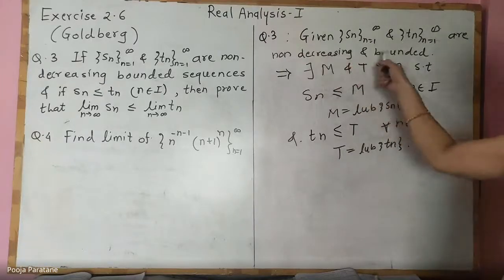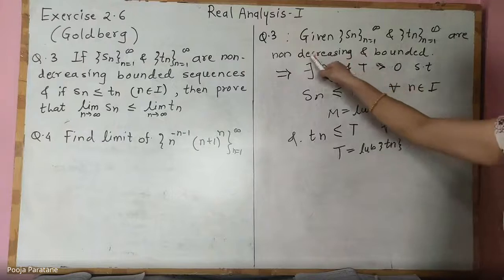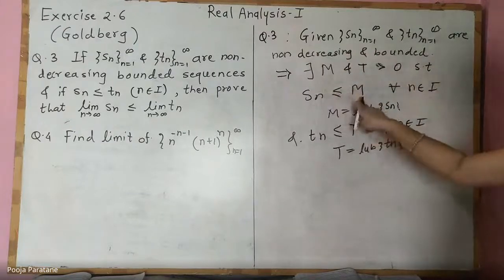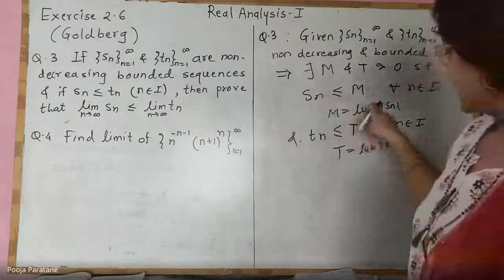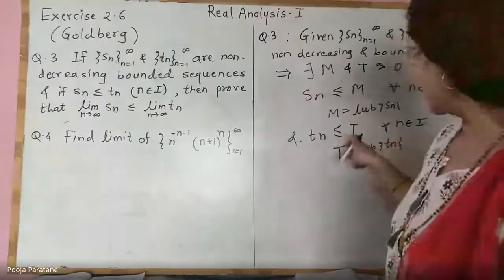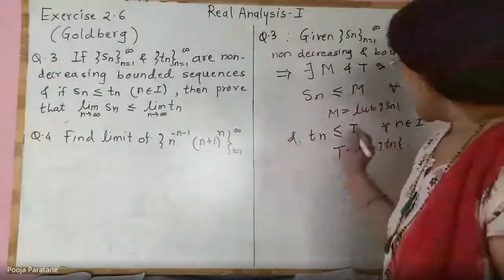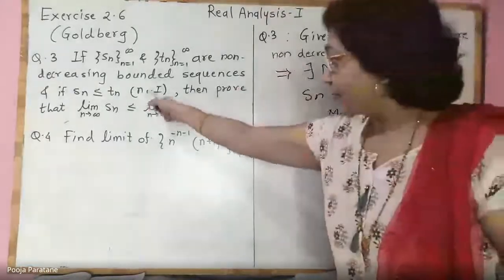As both sequences are convergent, because they are non-decreasing as well as bounded, limit of Sn is M as M is the LUB. Similarly, limit of Tn is T as T is the LUB of the sequence. Okay. Also we are given one more relation.